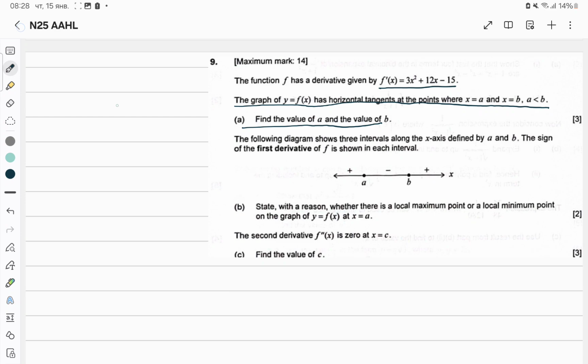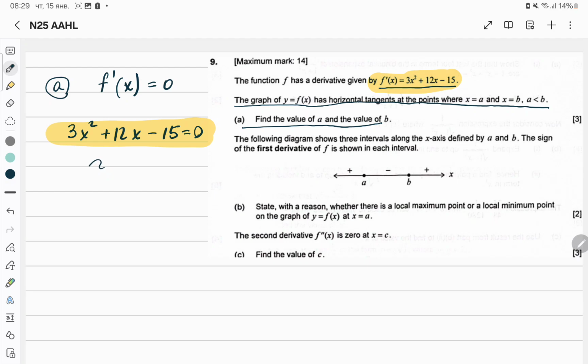It means that our derivative is 0. So to solve part a, we use the fact that the derivative at this point is equal to 0. That is why we come to the quadratic equation, so this expression must also equal 0.